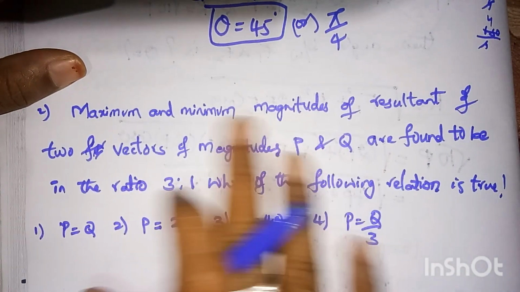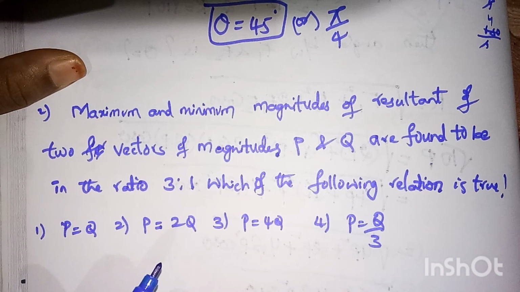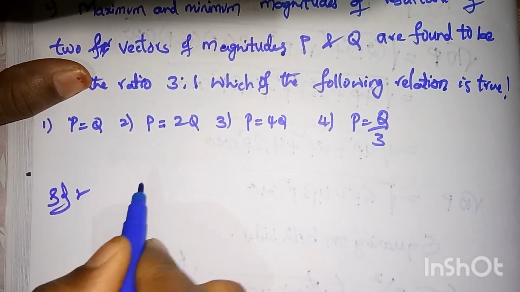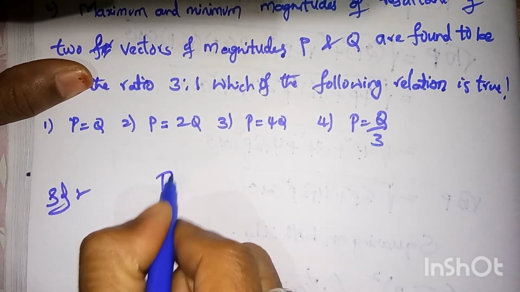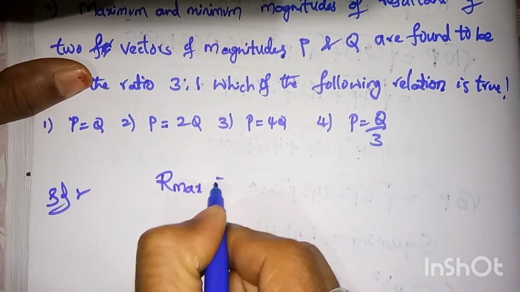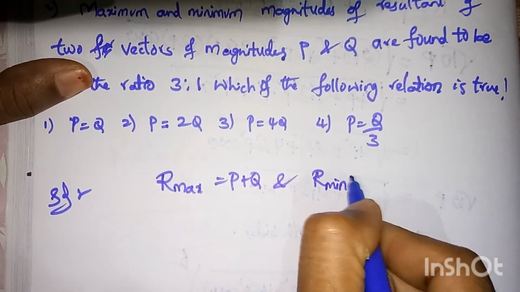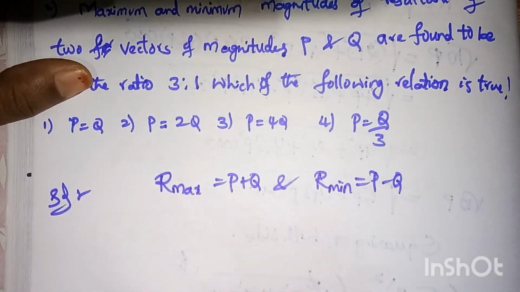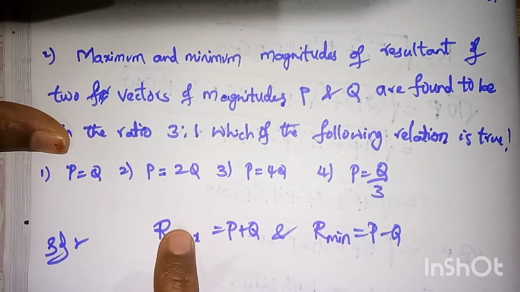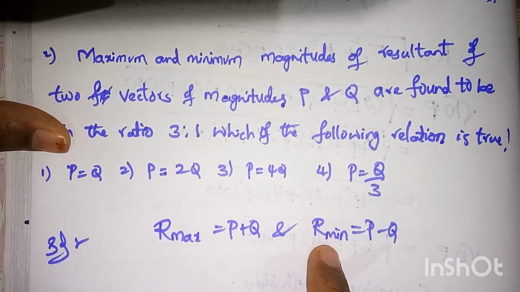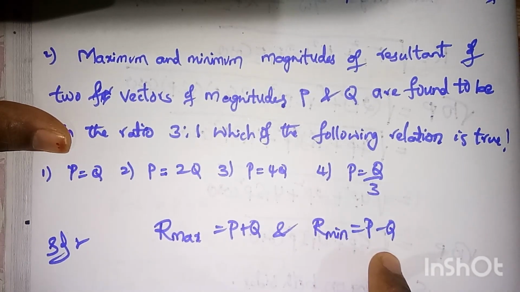What they have given is maximum and minimum magnitudes, which you all know. What are the maximum and minimum magnitudes of the resultant? R maximum is equal to p plus q and R minimum is p minus q. R maximum is the maximum magnitude of the resultant, p plus q, and the minimum magnitude of the resultant is p minus q.